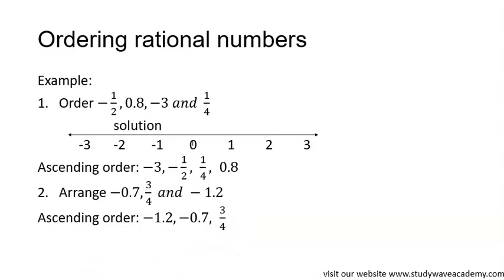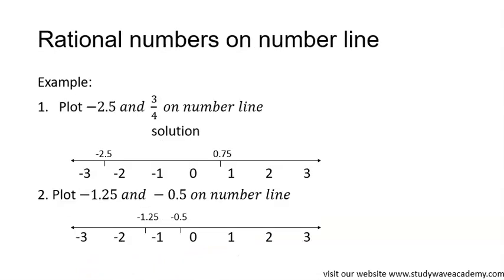So next we're going to be looking at rational numbers on a number line. We're going to be representing rational numbers on a number line to visualize their placement. Integers are usually plotted directly, while fractions and decimals are located between integers.